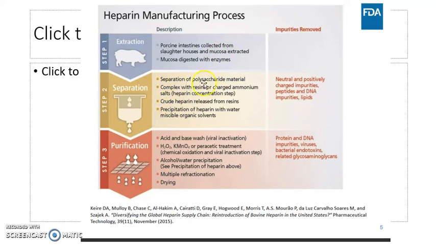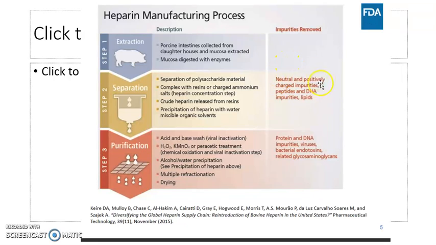and then they separate the polysaccharide material and complex it with resins or ammonium salts. So this is how they concentrate the heparin, and then they release the crude heparin from the resins, and precipitate the heparin with water miscible organic solvents.